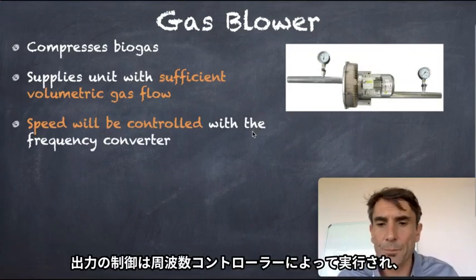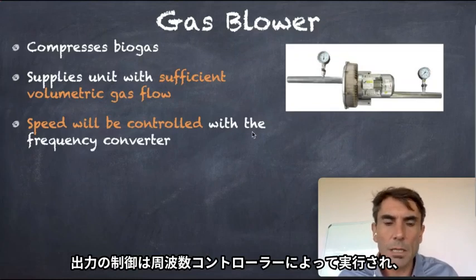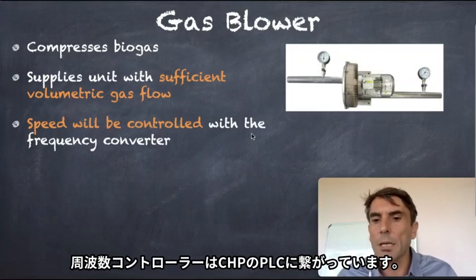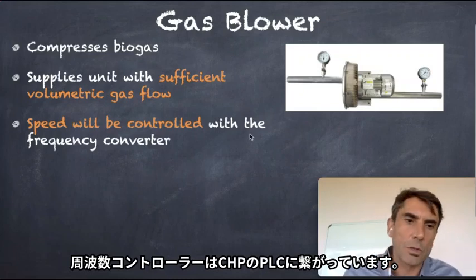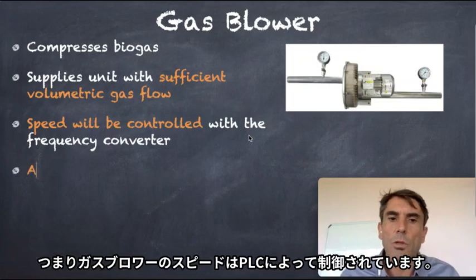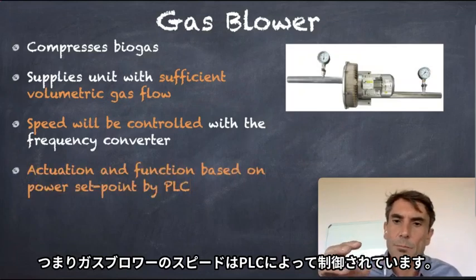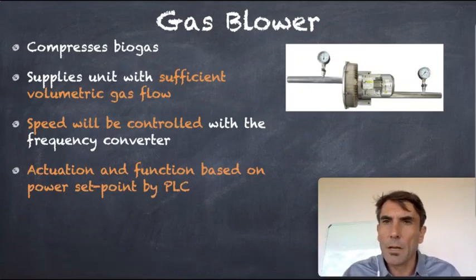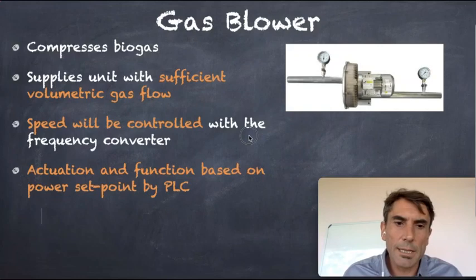The gas blower is controlled by a frequency converter, and the frequency converter is connected to the CHP PLC and is speed controlled. That means we're controlling the speed of the gas blower by the PLC. In your case, it's controlled.